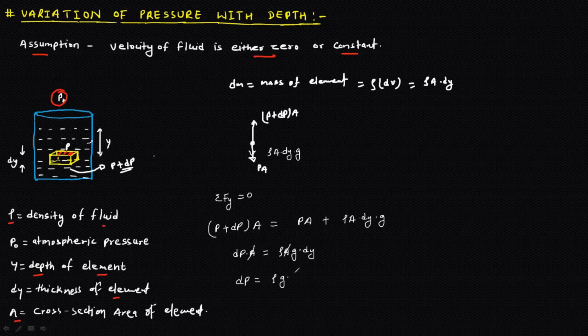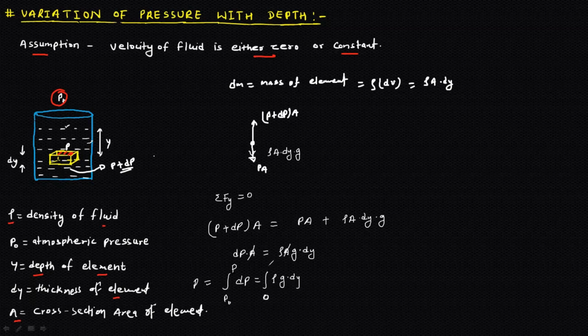Now if I want to calculate the pressure at any location, I need to integrate this dP, taking the element from y equals 0 to any point y. So the integration of dP equals the integration of rho g multiplied by dy. The pressure varies from P0, the starting pressure at the top surface, to P at any location, and the depth is from 0 to y.